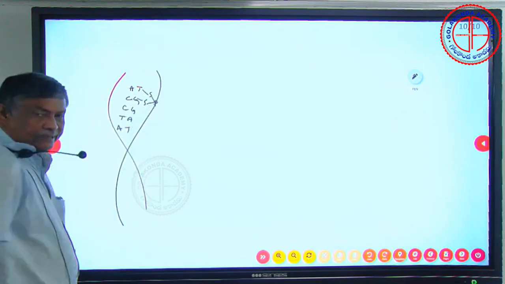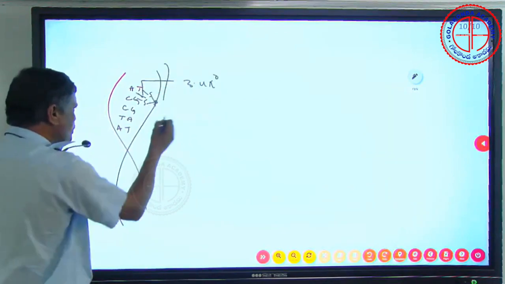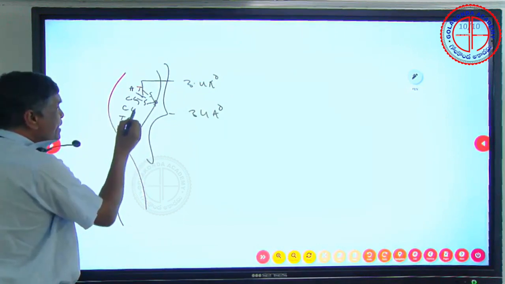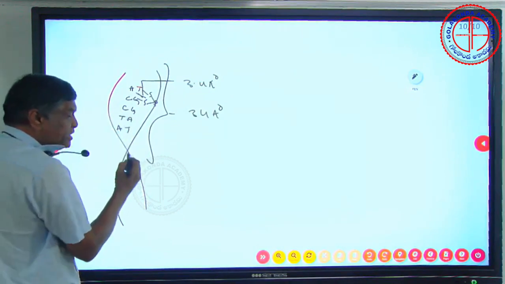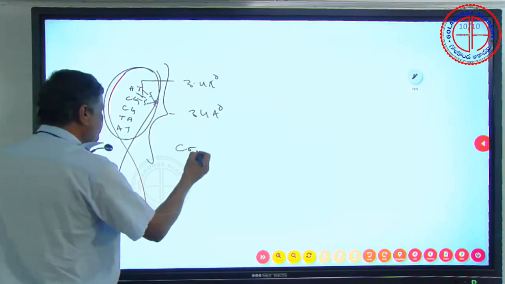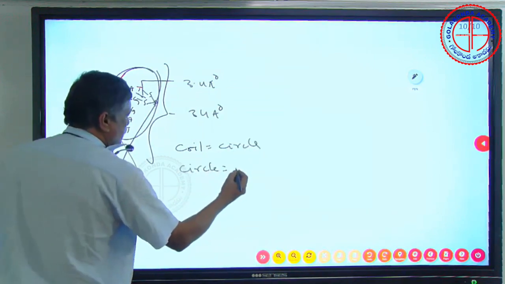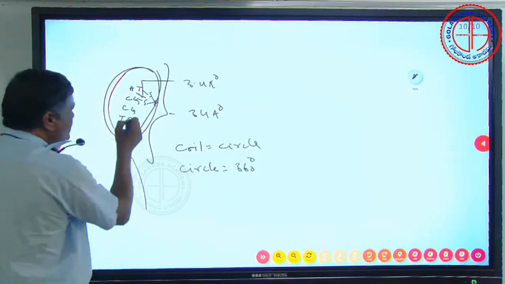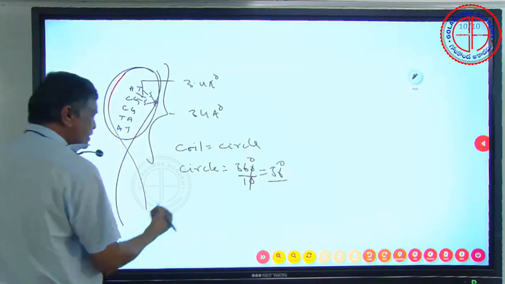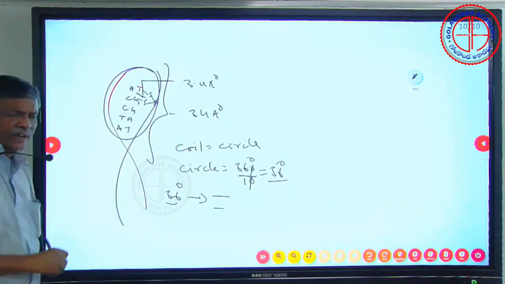Between these two, 3.4 angstroms, and the total length of the coil is 34 angstroms. Then, how many degrees is the angle between these two nucleotides? It is circular. What is the shape of the coil? A circle. A circle is 360 degrees. How many pairs in a circle? 10 pairs. So the 36 degrees angle arranged between any two orderly nucleotides of DNA was also explained by Wilkins.